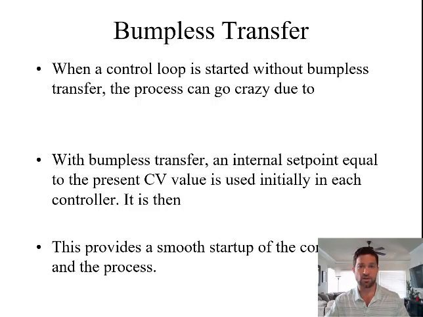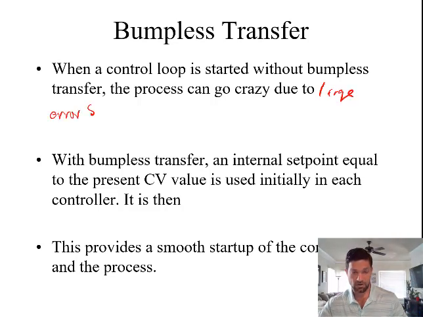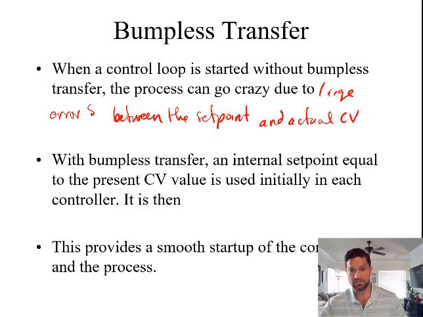When a control loop is started without Bumpless Transfer, the process can go crazy because it's going to be affected by large errors between the set point, which is the user-defined term, and the actual CV value.